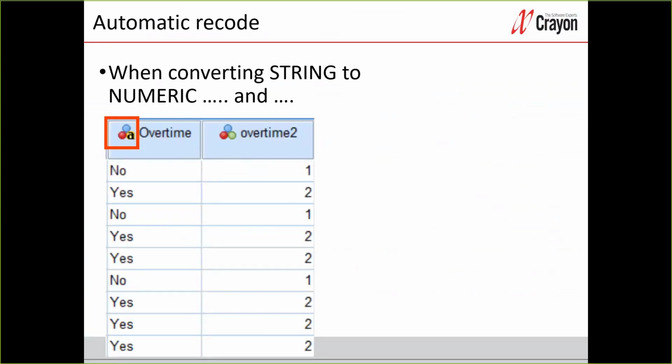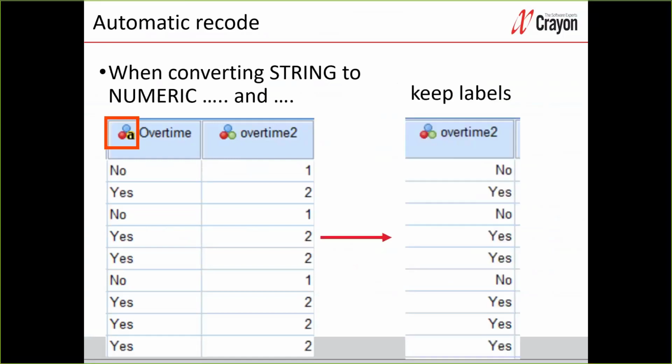And also some of the statistics commands are only possible when you do some analysis with numerical variables, and you are not allowed to use string variables. And the good thing is that you will keep the text answers yes and no, and they will be value labels instead. So let's show that.